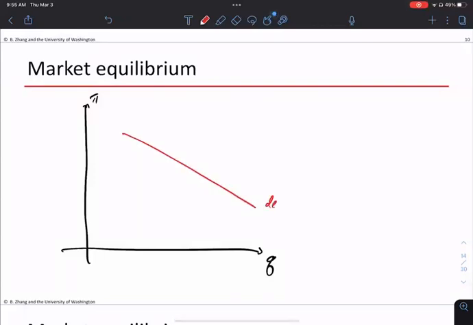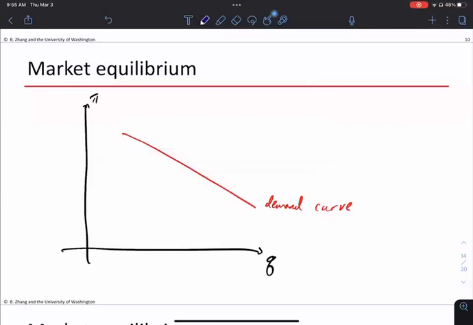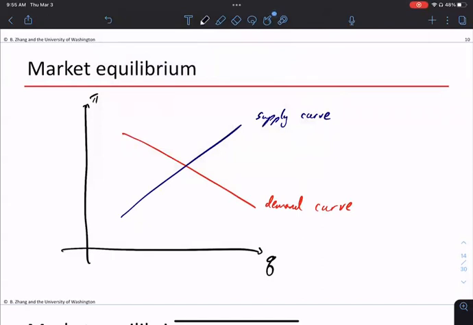This is your demand curve. Your supply curve will be monotonically increasing. And your equilibrium is the price both parties will agree to, essentially where they intersect.